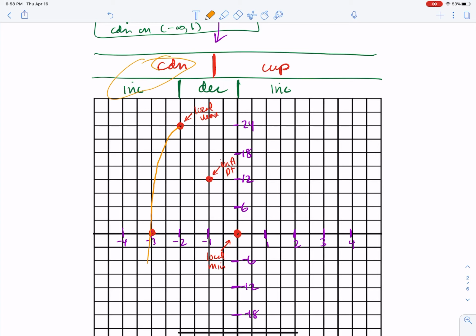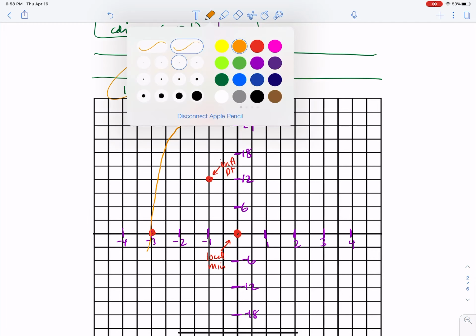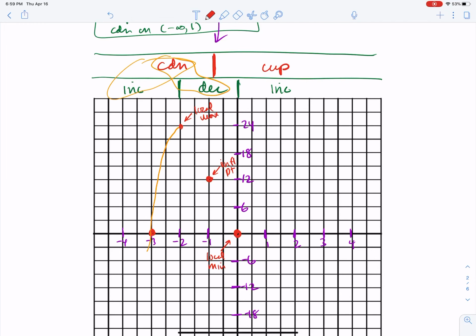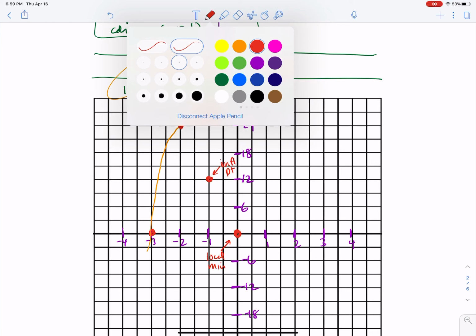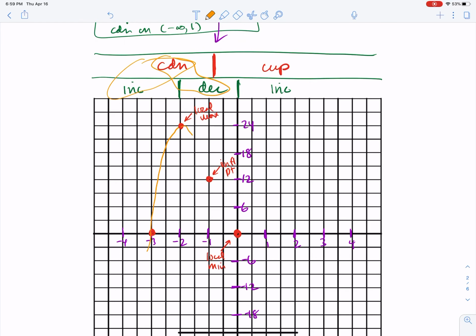Next, I move to decreasing and concave down, and that's going to go till I get to here.